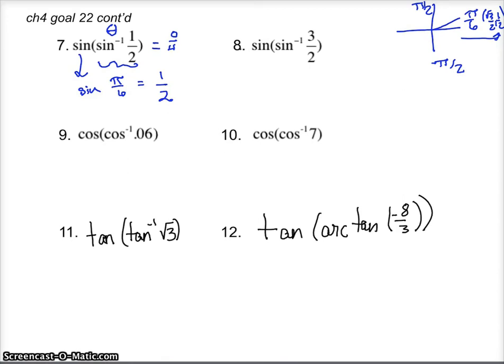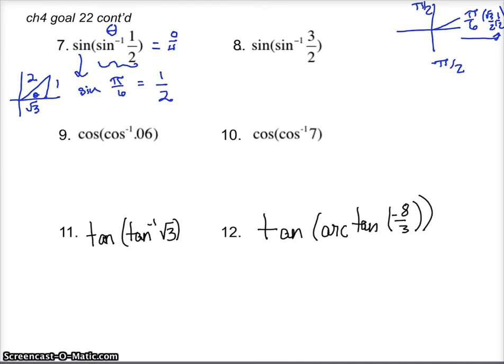Or you can draw a right triangle. Because 1/2 is positive, I would draw my triangle in quadrant 1. And sine is opposite over hypotenuse. If we used the Pythagorean theorem or our ratios, we know that the missing leg is square root of 3.